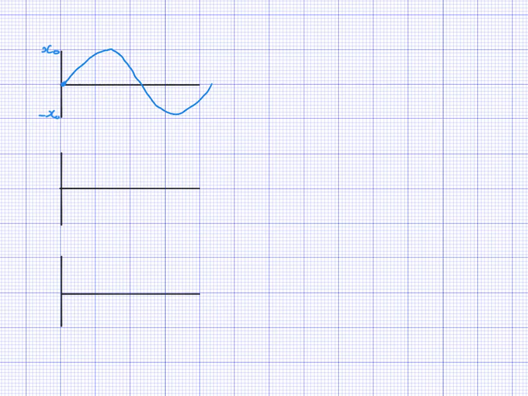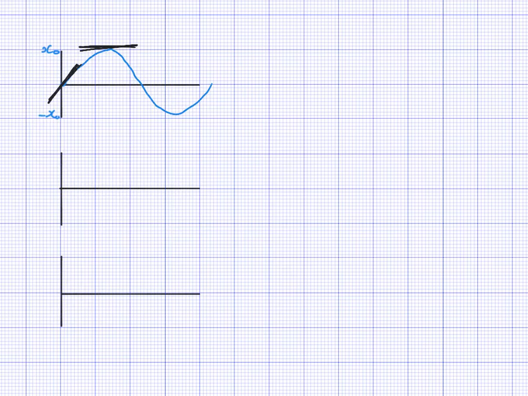So important things to note are the different parts of the graph, and we're going to think about the slope, because we're going to do some calculus on this. So the slope is important. This slope here is going to be my maximum positive slope. Slope at this point is going to be 0, hence the horizontal flat line.